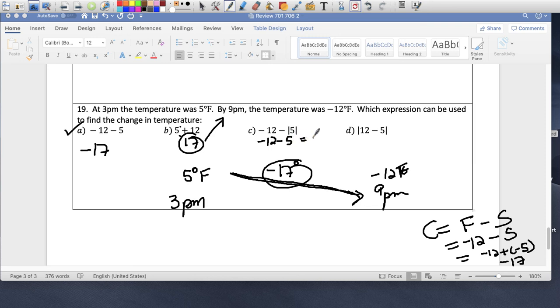And this one also gives you negative 17. That's another right answer. D, 12 minus 5. What's 12 minus 5? Well, first of all, 12 minus 5 is 7. And if I take the absolute value of 7, what do I get? 7. So this is a no. So it was either A or C. Those two expressions led me to the right answer.